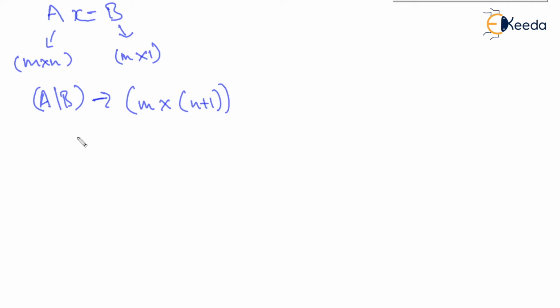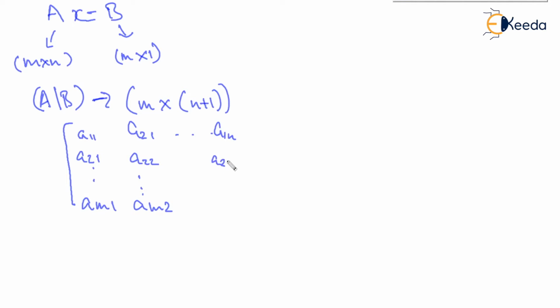So this is like a11, a21, am1, a21, a22, a1n, and along with this, with a dotted line, we can represent this B column as b1, b2, and so on up to bm.